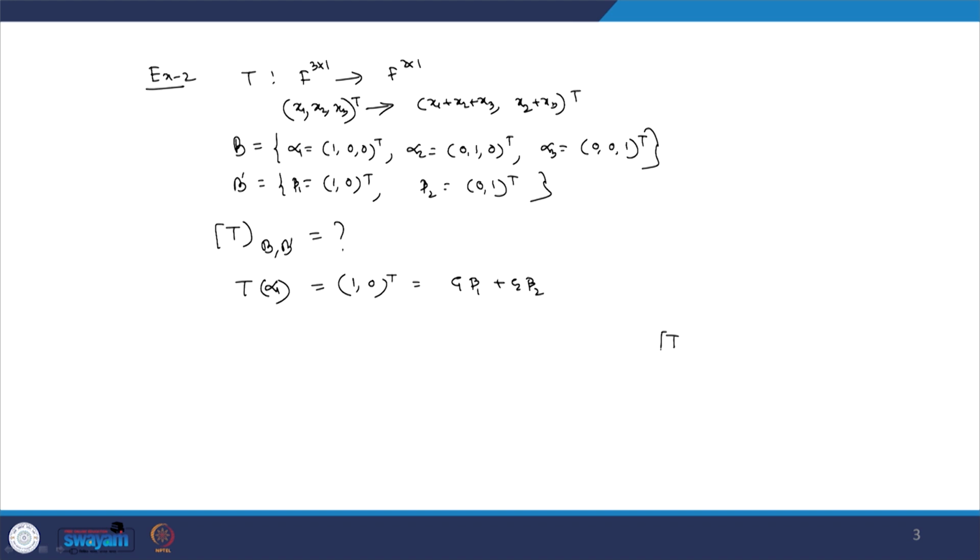Let the matrix representation of T with respect to B and B prime be this B matrix. So it will be again a 2 cross 3 matrix.